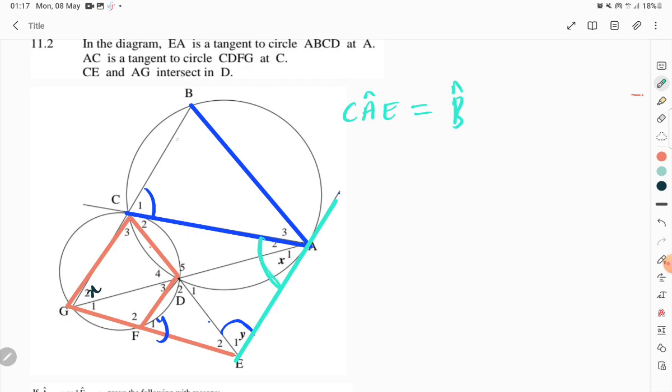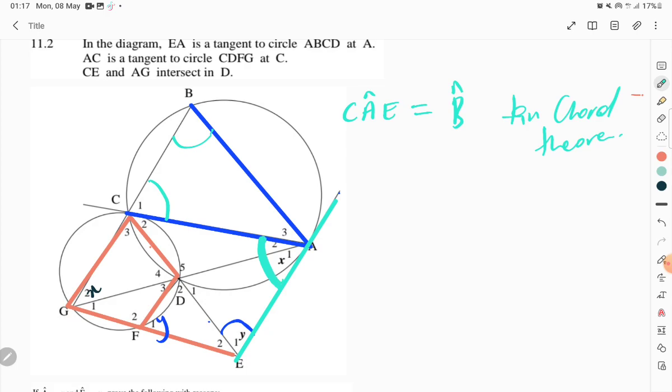This angle must be equal to that angle, because this is the angle between the tangent and the chord, so it must be equal to the angle opposite that chord at the circumference of the circle, right? This is the tan chord theorem. But we can tell that this angle C1 is equal to this angle as well. Why?